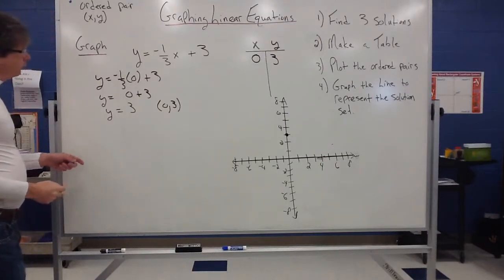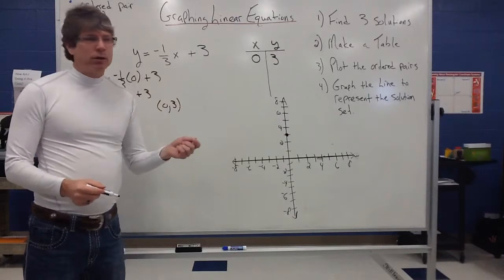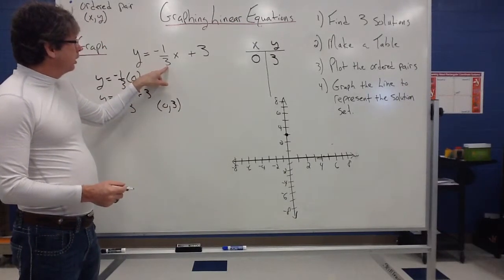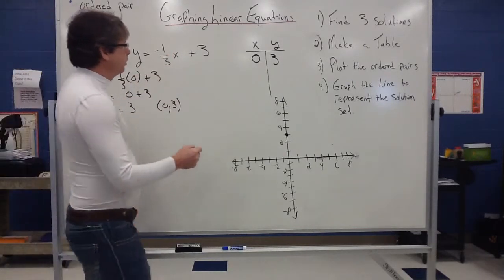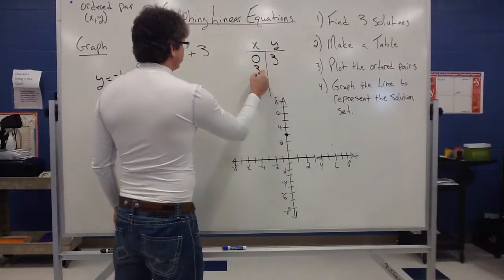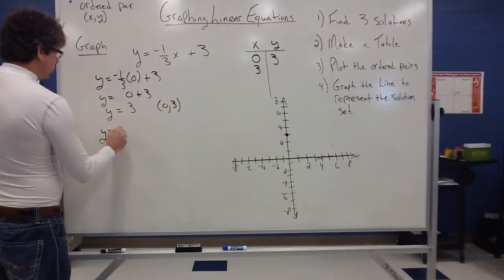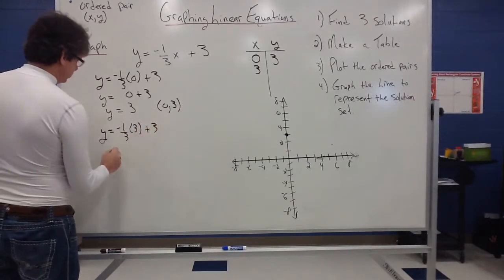Now, since this is a fraction, remember fractions also have this concept of division, so since 3 is the denominator, it's a good idea to pick a value for x that can be divided by 3. So I'm going to just pick a 3. y equals negative 1/3 times 3 plus 3.